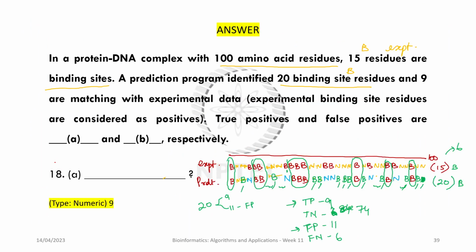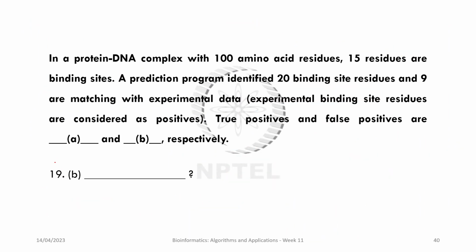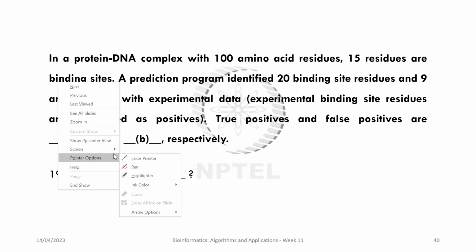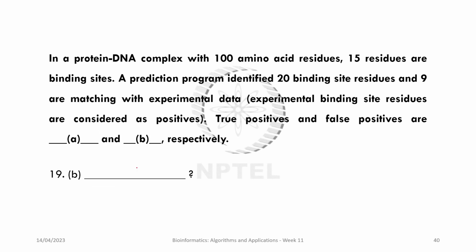Okay. Questions 18 and 19 are actually very simple. I would like to do this the simpler way now and not confuse people. Let's look into the question again. In a protein DNA complex with 100 amino acid residues, 15 are binding sites.